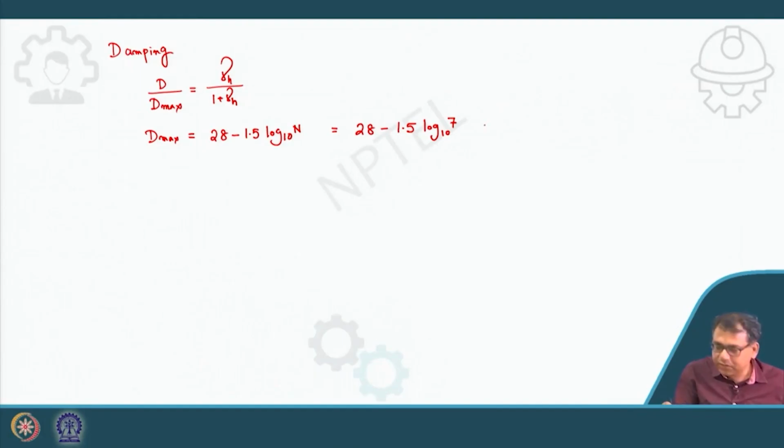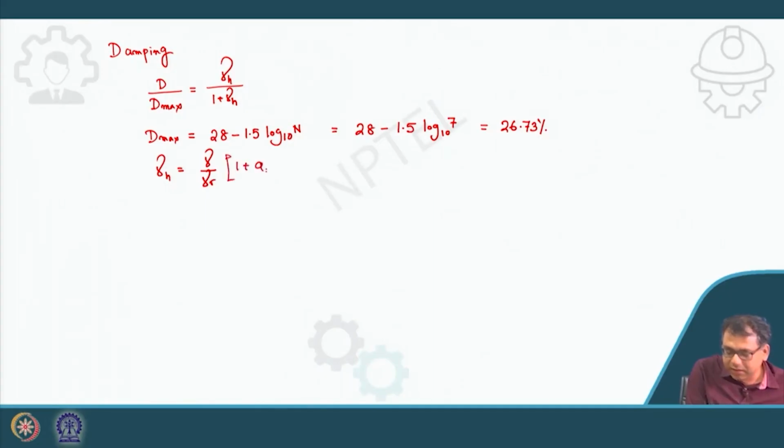N is 7. So it is coming out to be 26.73%. Damping is 26.73% maximum damping. Okay. So strain H here will be strain by strain reference over 1 plus A1 e to the power minus B1 strain by strain reference.